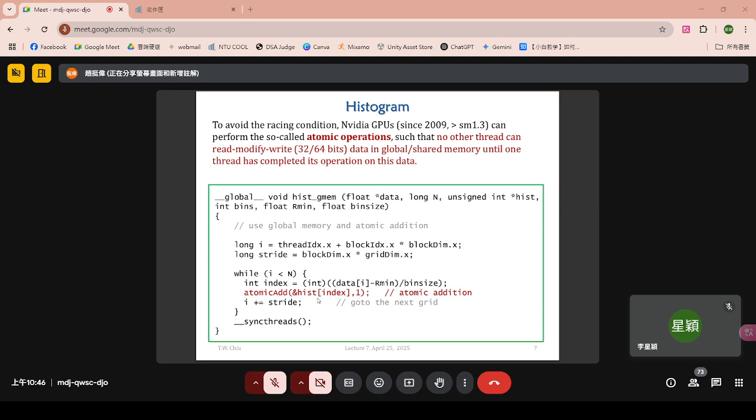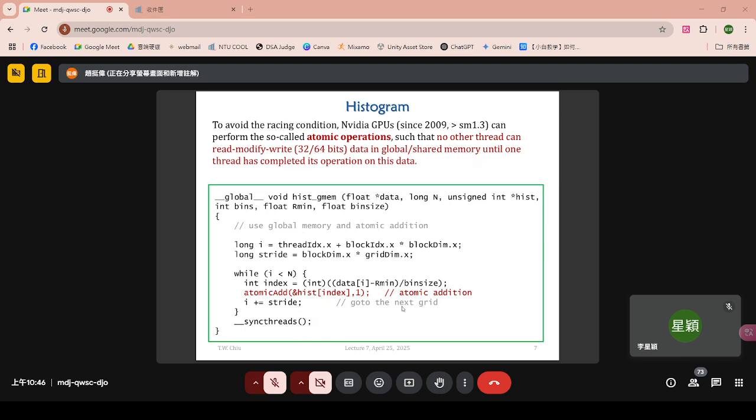So in this way, whenever one thread is accessing this global memory address, no other threads can interfere with its operation until it finishes its read, write, or modify. With the atomic add, the result comes out correct.